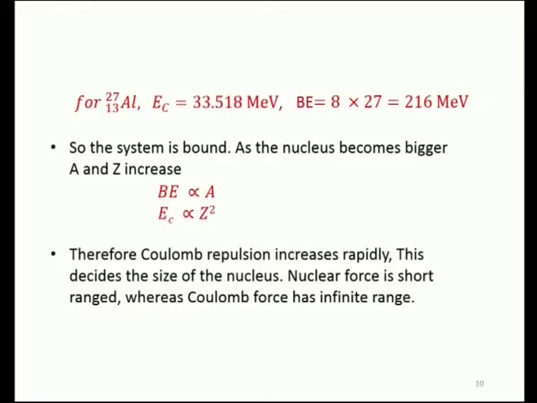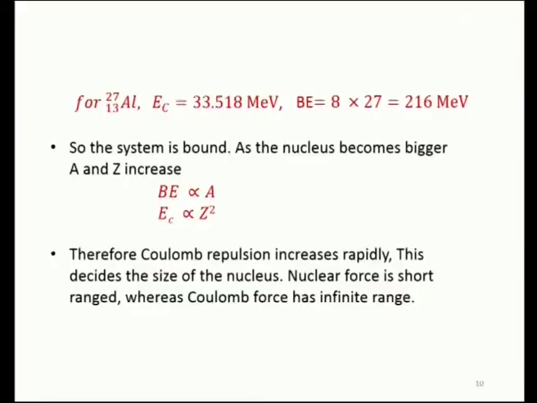So, this decides the size of the nucleus. As you go on adding Z, more and more repulsion will be there, and the nucleus cannot be bigger than that because of the Coulomb repulsion. The nuclear force, the attraction, the binding energy, is short ranged.